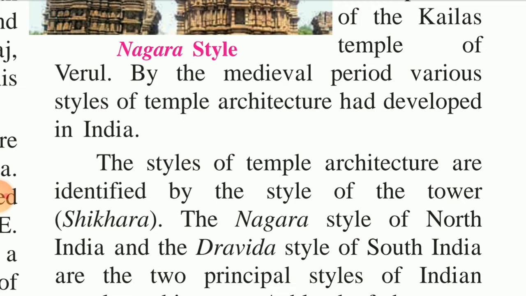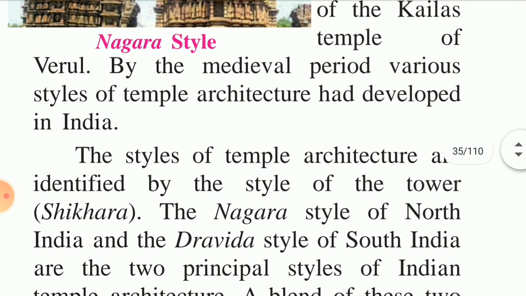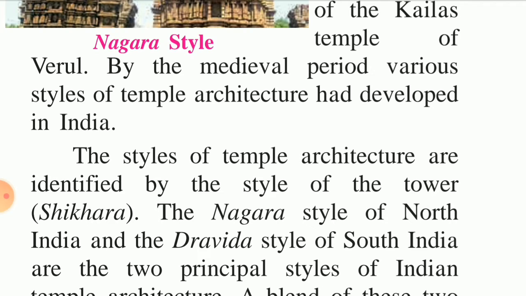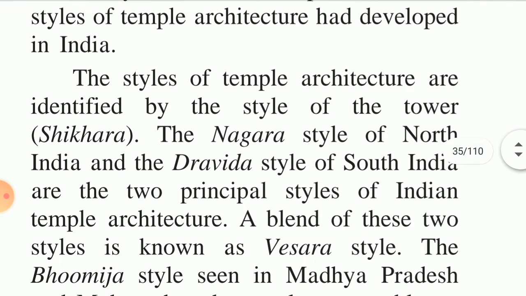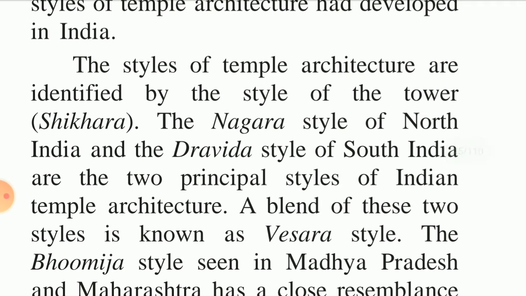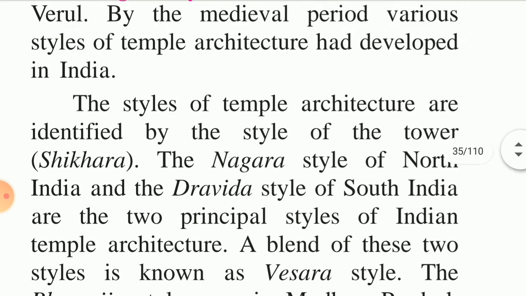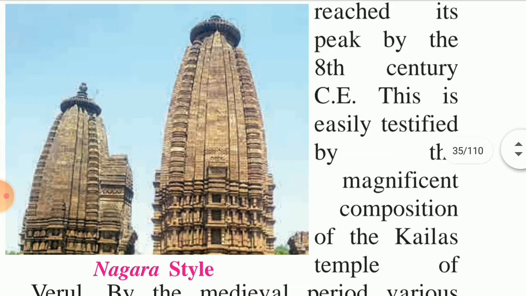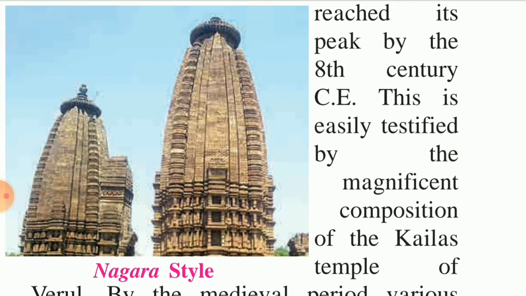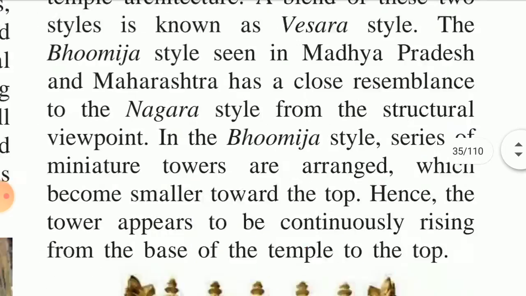The style of temple architecture is identified by the style of the tower, that is Shikara. The Nagara style of North India and the Dravida style of South India are the two principal styles of Indian temple architecture.